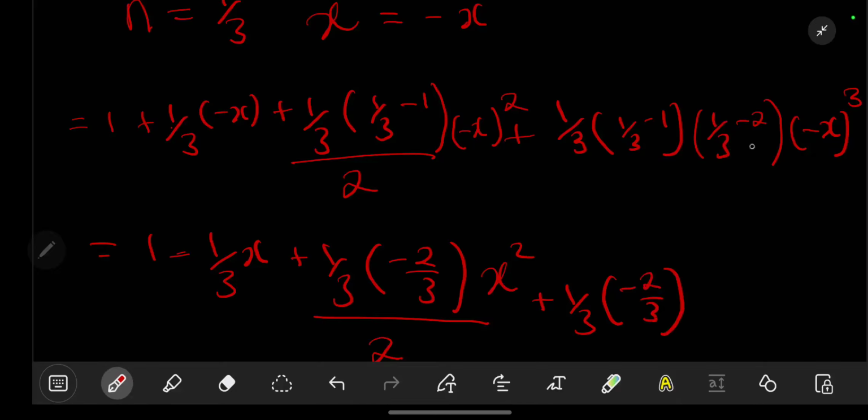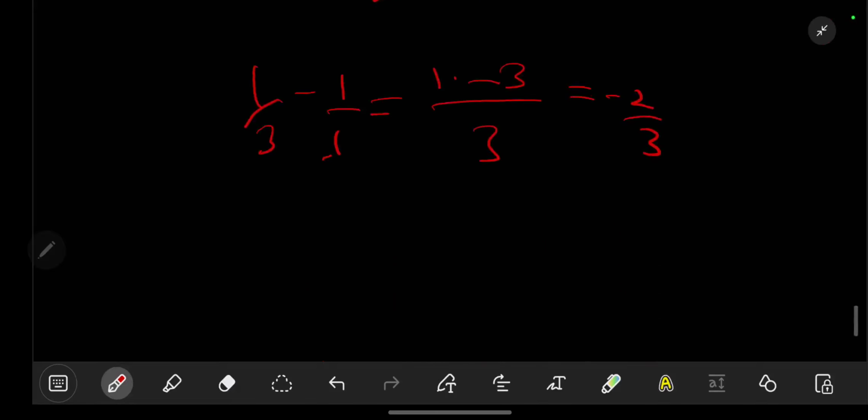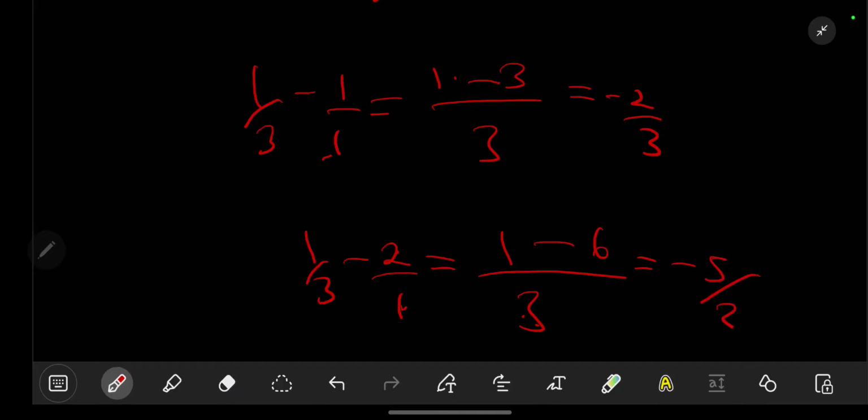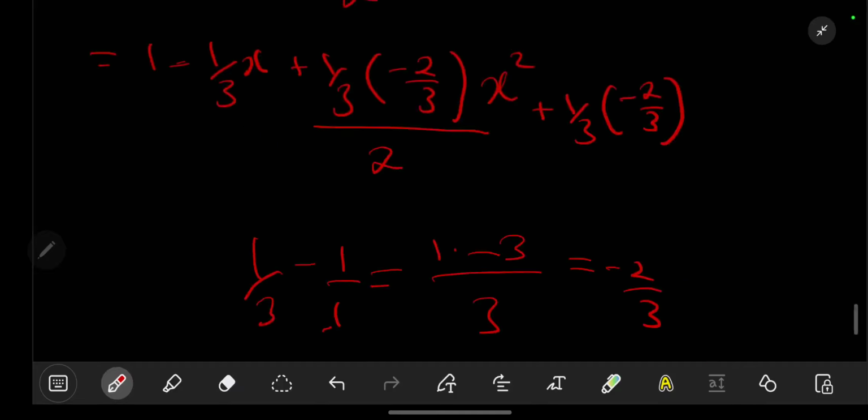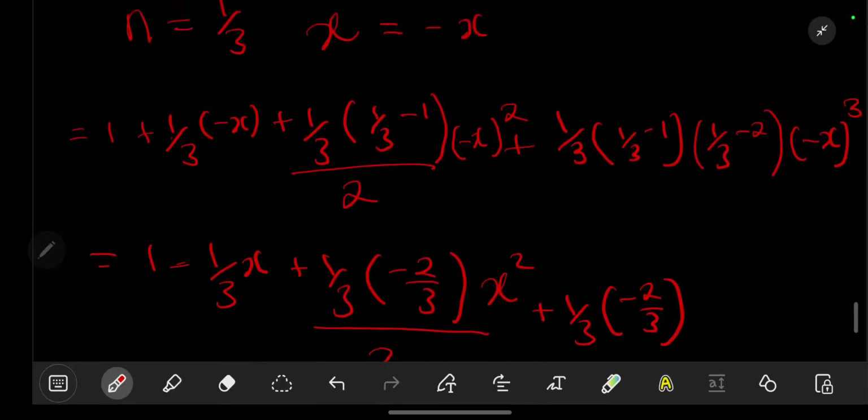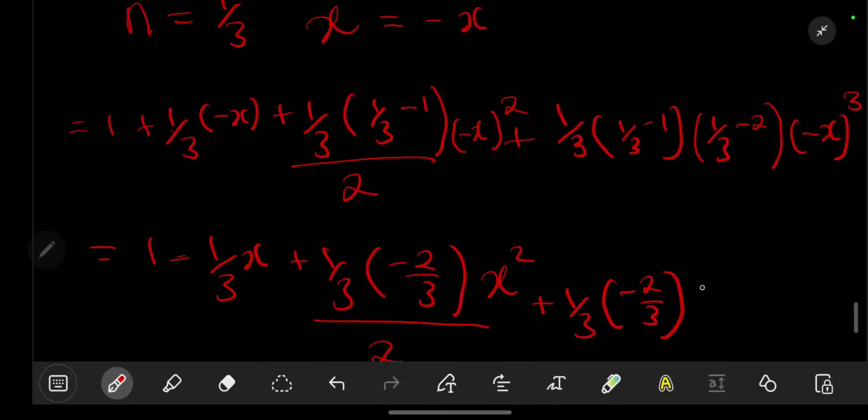Then 1/3 minus 2, this will give us 1 over 3 minus 2, 3 is the common denominator. 3 divided by 3, that's 1 times 1, that's 1, minus 3 divided by 1, that's 3 times 2, it will be 6, which will give us negative 5 over 3. So we are going to write our negative 5 over 3.